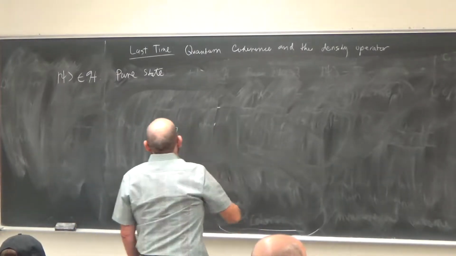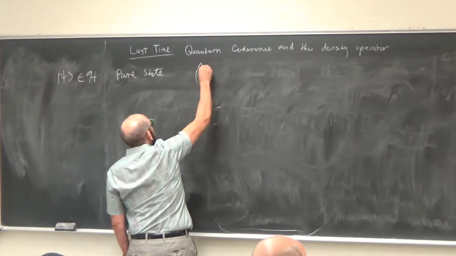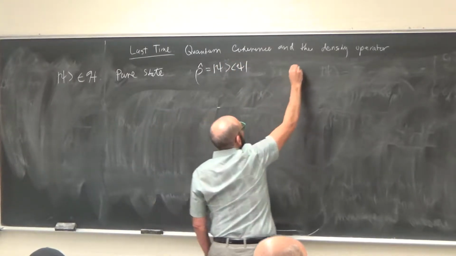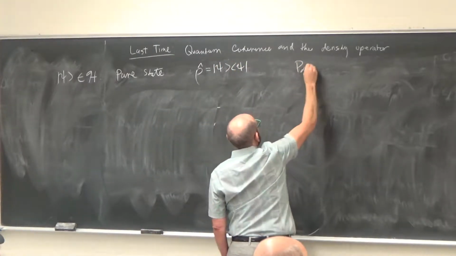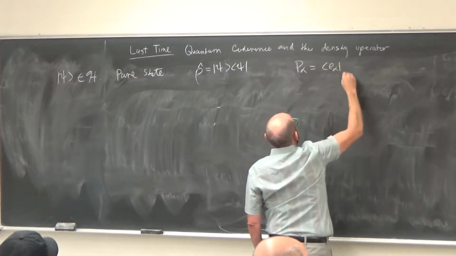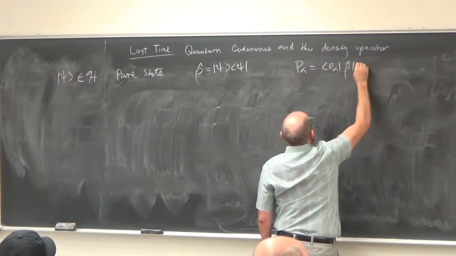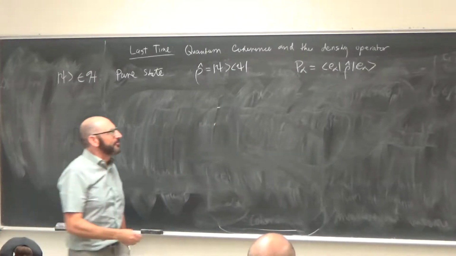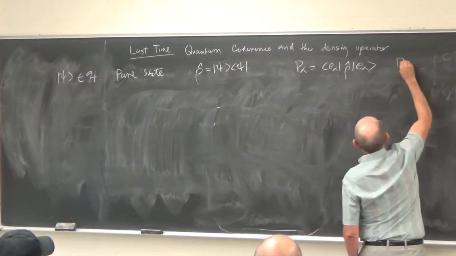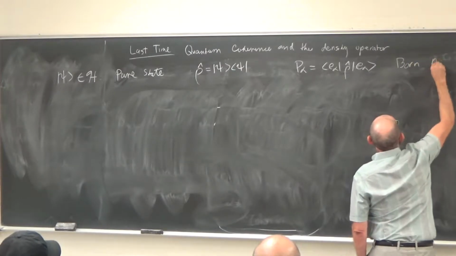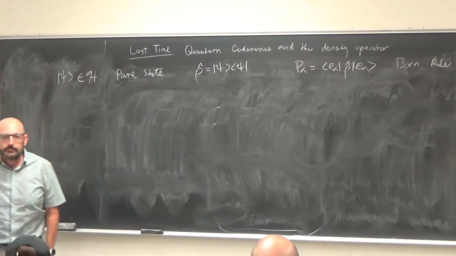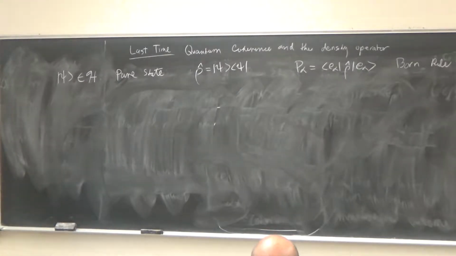And as we said, we can write that as a density operator, and I can write the probability of any measurement outcome in terms of the Born rule. This is a form of the Born rule. We'll see many forms of the Born rule.